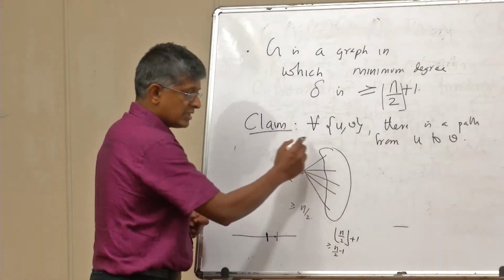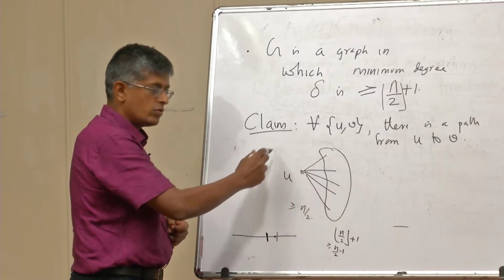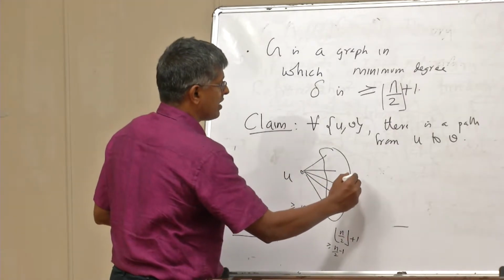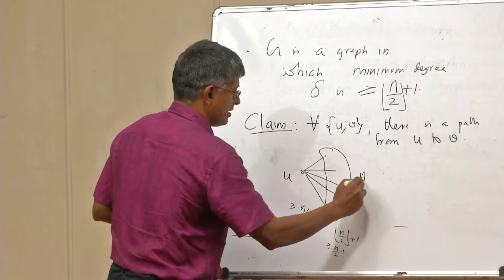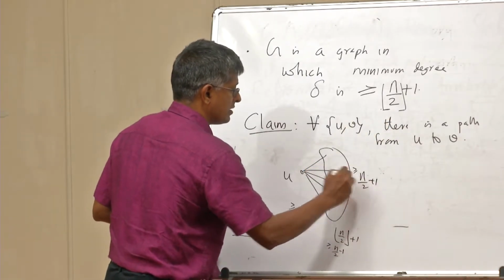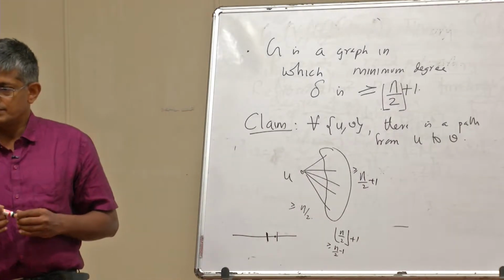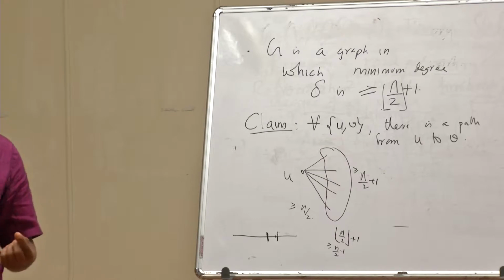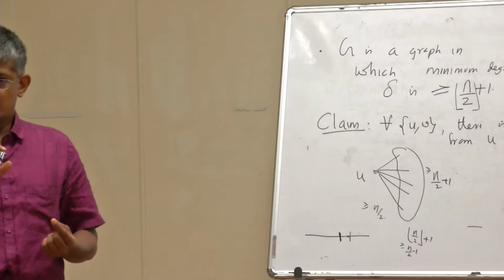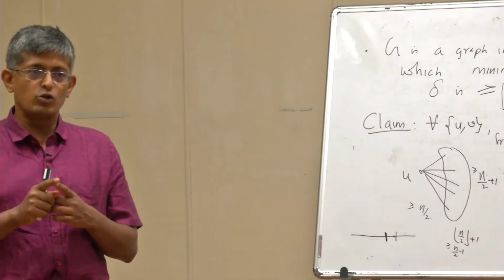So it's at least as large as this integer value plus 1. So therefore, how many vertices do we count here? The total number of vertices that we count here is at least n by 2 plus 1. Just looking at an arbitrary vertex and its neighbors, how many neighbors are there? Floor of n by 2 plus 1.